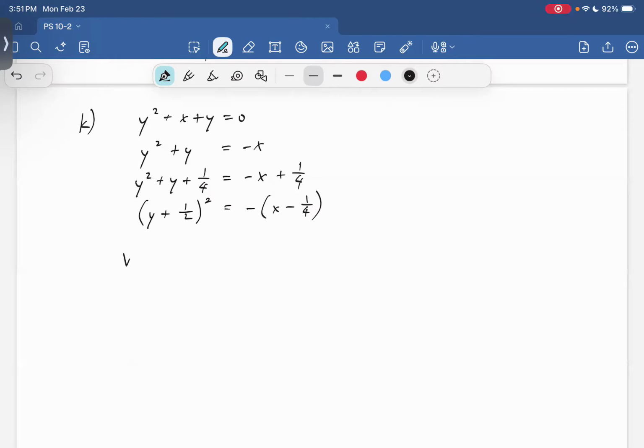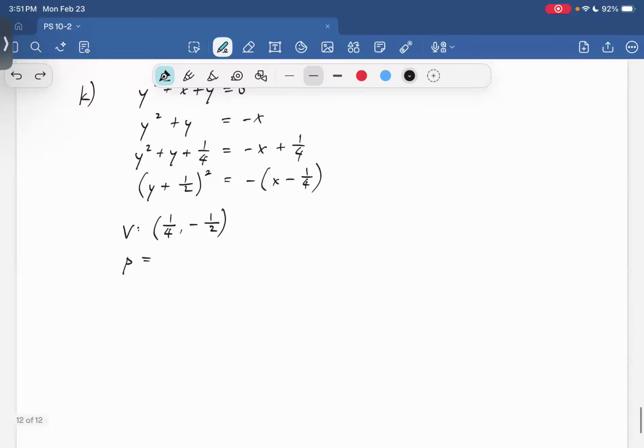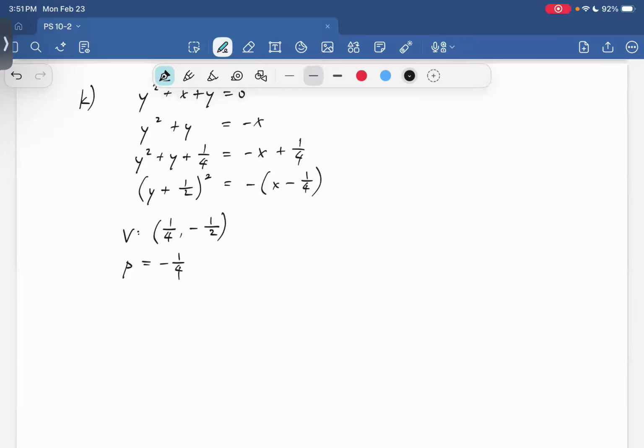So that tells me that the vertex is 1/4 comma negative half, which means that p is equal to negative 1 divided by 4, this coefficient here. So p is negative 1/4. And this parabola opens to the left because it has a y squared and a negative p.